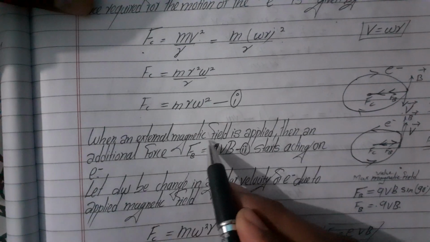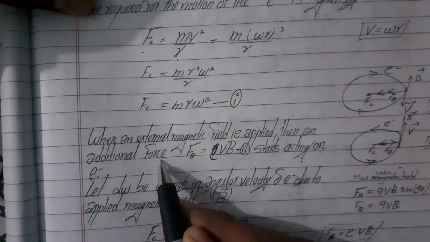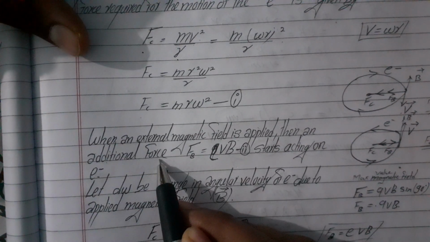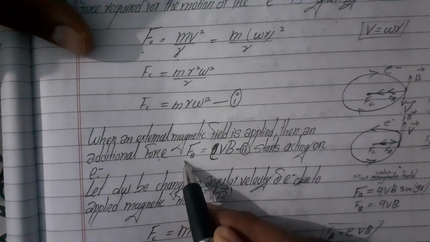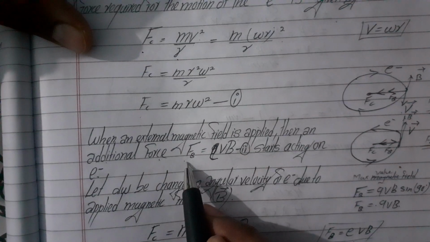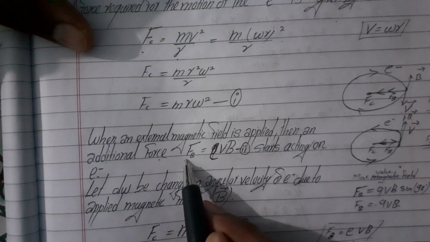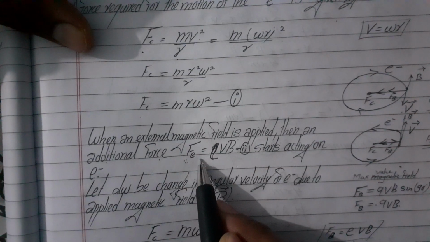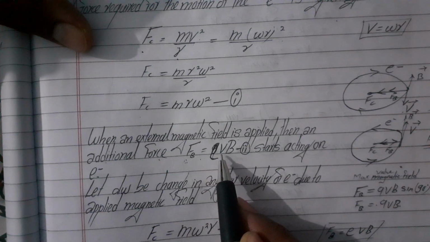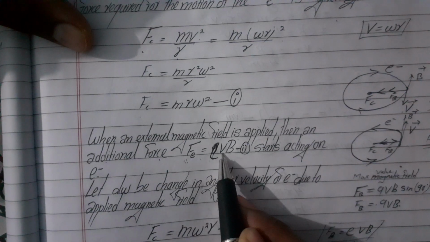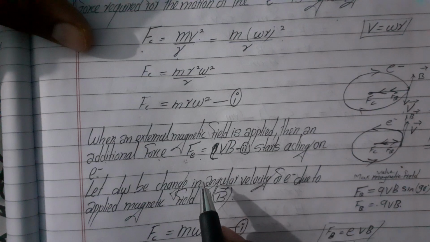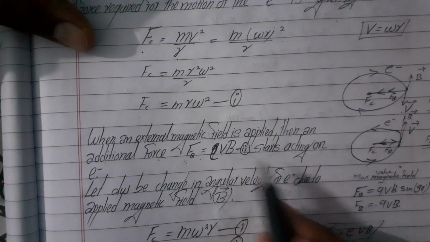When the external magnetic field is applied, there is an additional force, which is given by Fb, the external magnetic force, equal to evB sin theta.